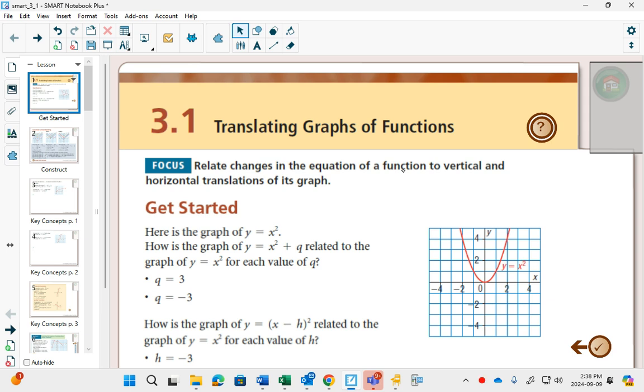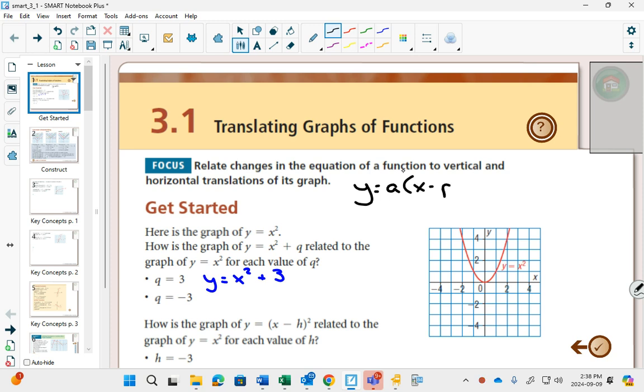So for example, I'm going to start with blue. And if q is 3 and I have x squared plus q, I can write that that would be x squared plus 3. And if we think back to grade 11 math, and this is why this is in the getting started section, in grade 11, you had the equation of a parabola like this, where P and Q represented finding your vertex.